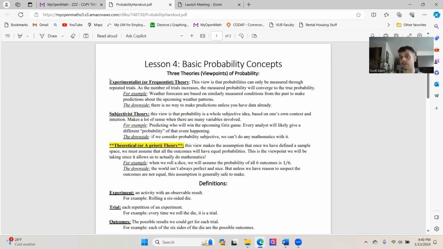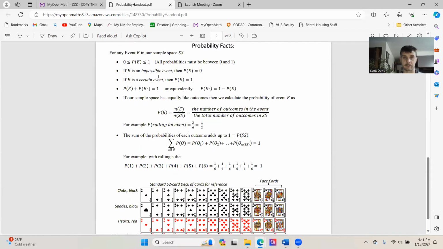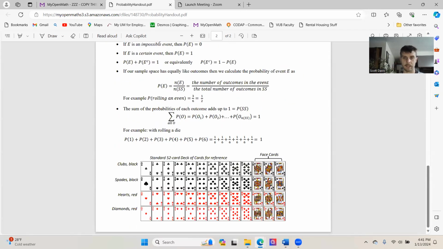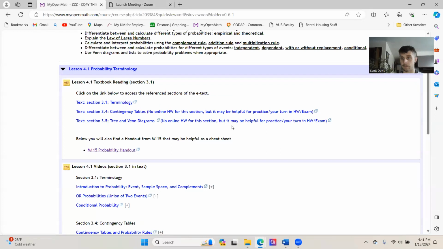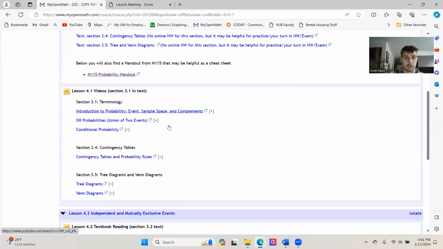So the theoretical probability of rolling a dice to be a 6 is 1 out of 6. But I could roll that dice and then have a relative frequency that I'm using as the probability instead of the theoretical probability. So a bunch of definitions and some basic rules that might be helpful if you want.